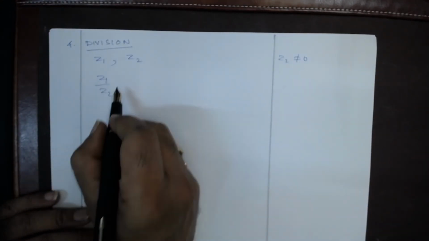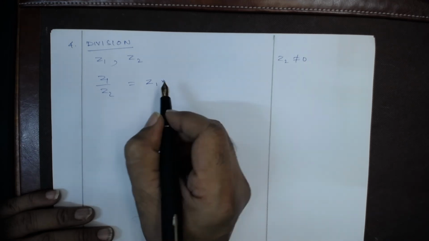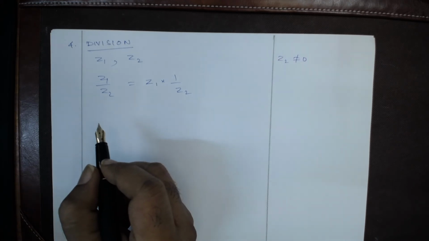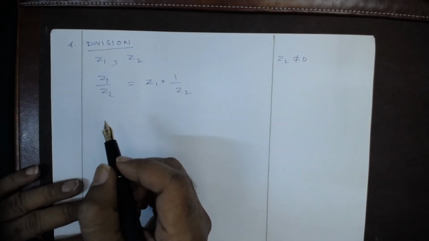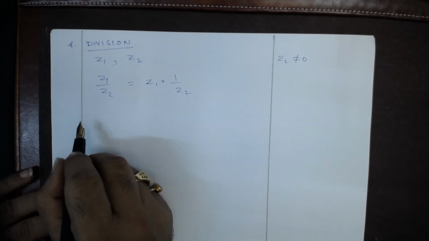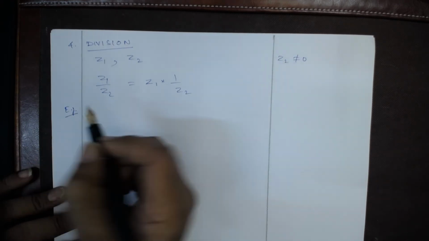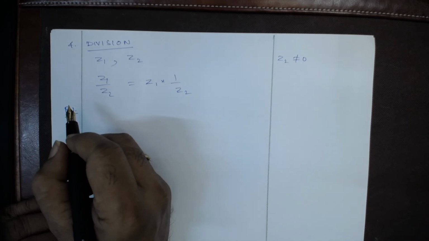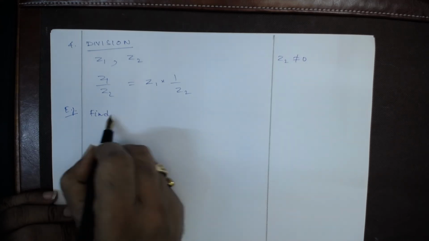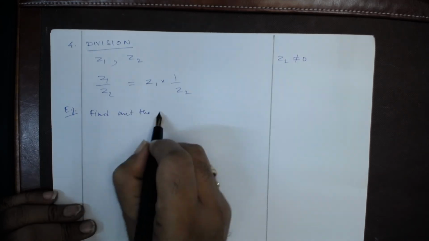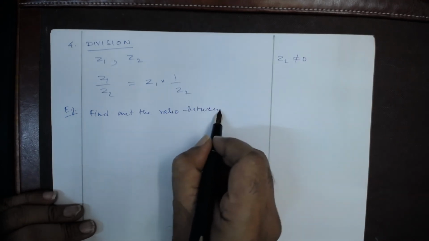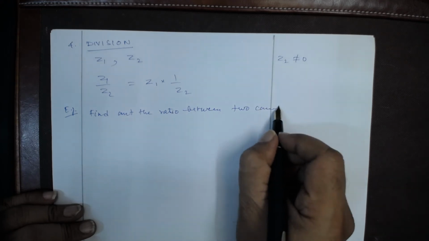So it is defined as z1 into the reciprocal of z2. Example. Find out the ratio between two complex numbers.